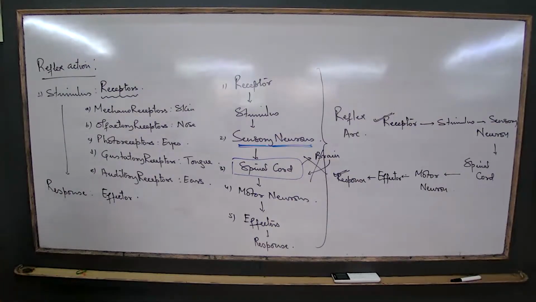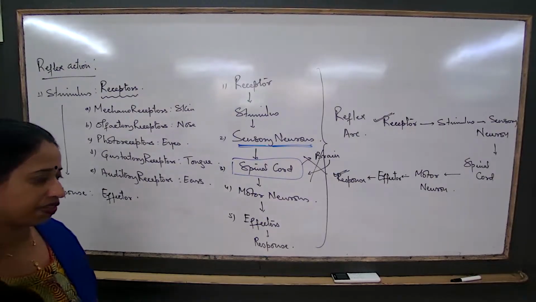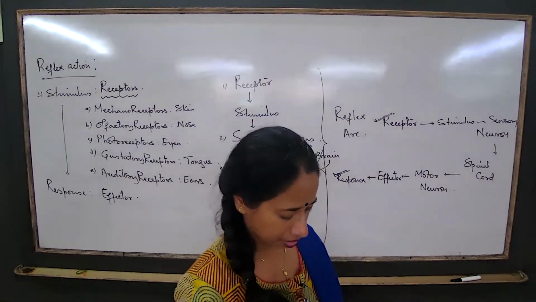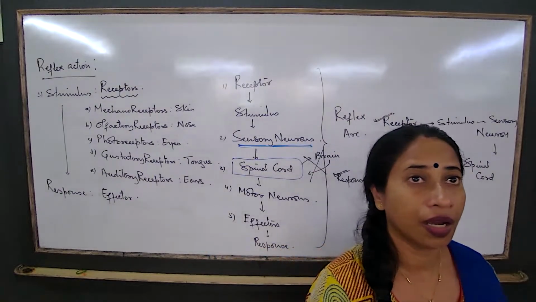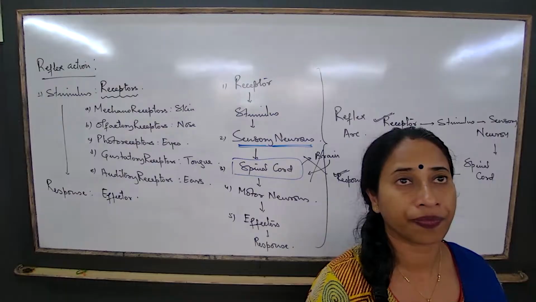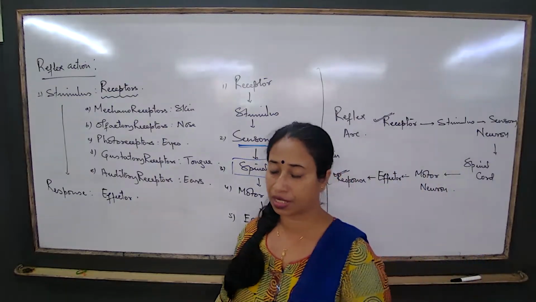Part of the body that shows the response is known as an effector.